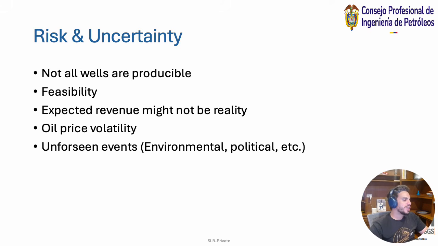And another uncertainty is that the expected revenue might not be the reality. So when you make all your forecasts for the project and you're expecting this output, the barrels that you're making are the same, but then something drastic changes, like the oil price. So oil price volatility, unforeseen events like environmental or political, etc. We can say something like COVID, or in Texas, for example, if a hurricane comes through and takes everything down, you have to shut down for weeks or months, and you don't know how long.